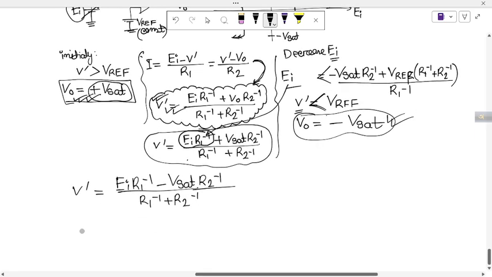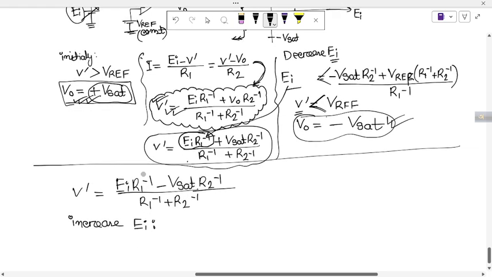So what will I do now? I will increase EI, which means increasing EI R1 inverse.